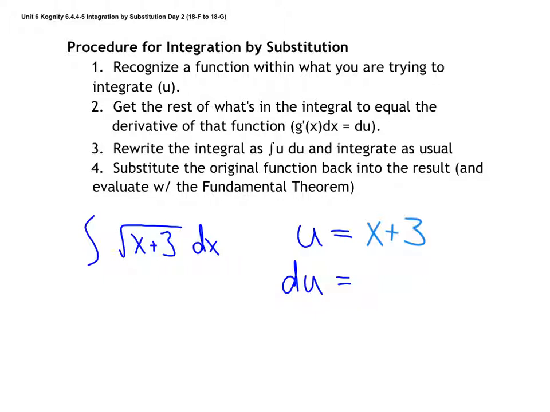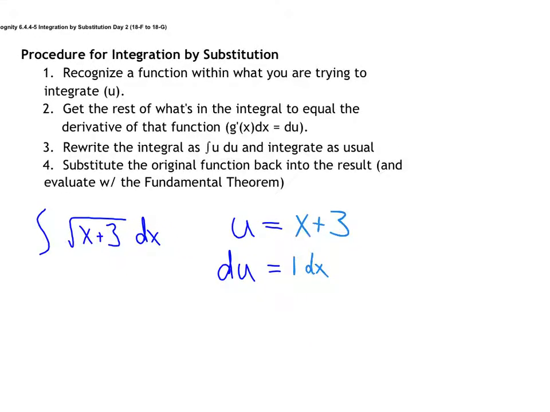Then, you want to get the rest of what's inside the integral to equal the derivative of the function. In other words, get that g prime of x dx. Okay, well let's figure out what that actually equals. du dx equals 1. And then I multiply both sides by the dx, and I get du equal to 1 dx.